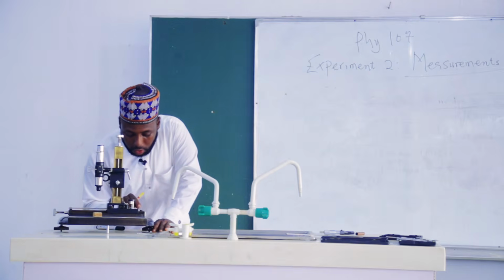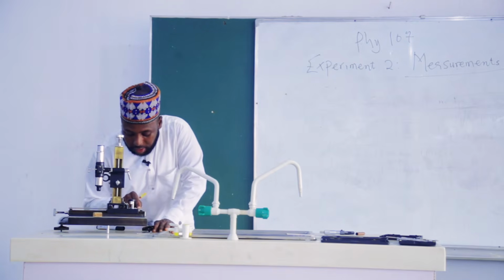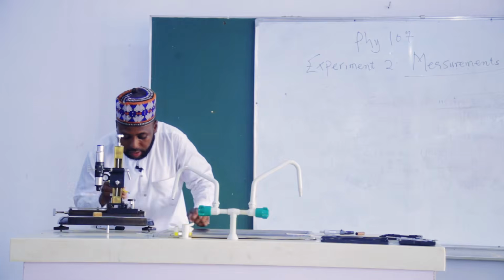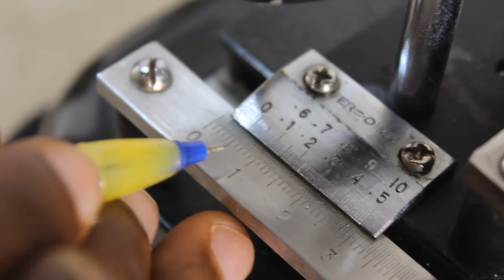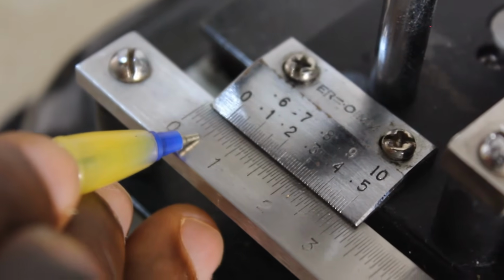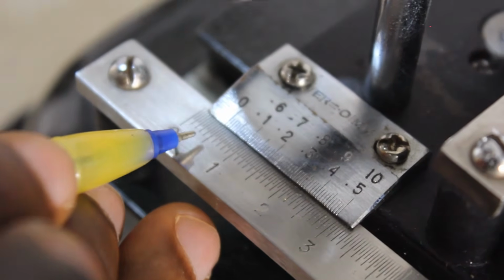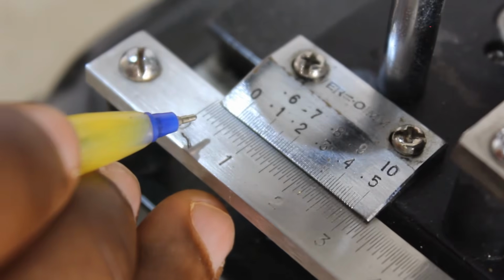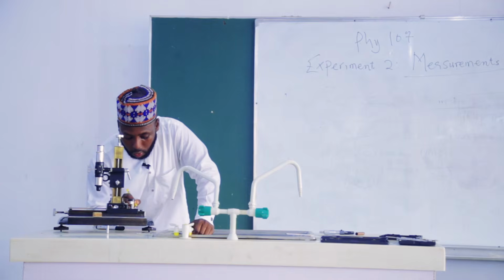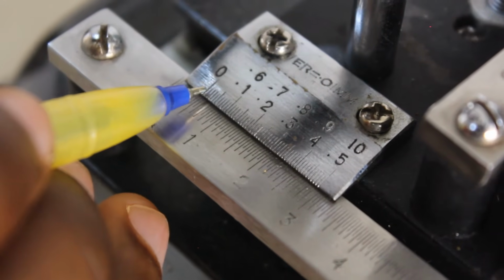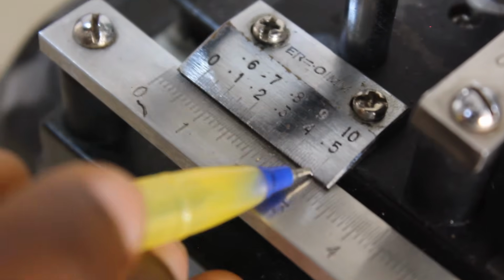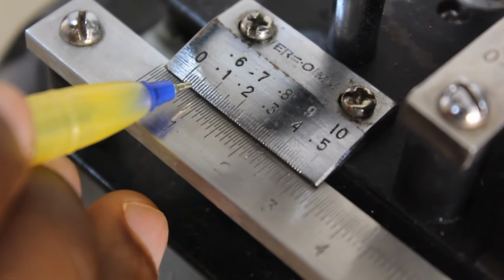If you take a close look at the main scale, you will notice that we have 20 markings to give 1 centimeter. So we have 0, 1, 2, 3, 4, 5, 6, 7, 8, 9, 10, which is going to be the half marking.